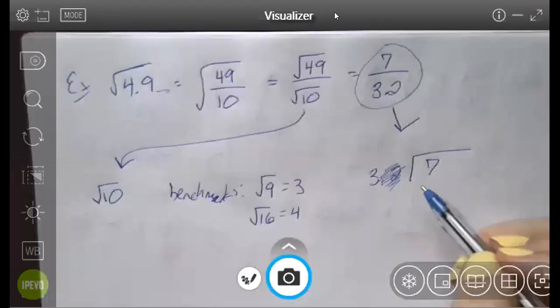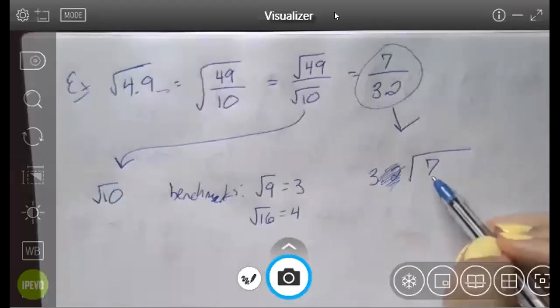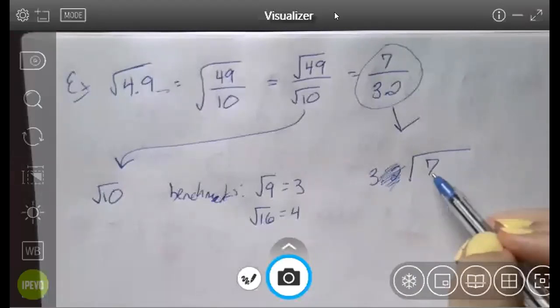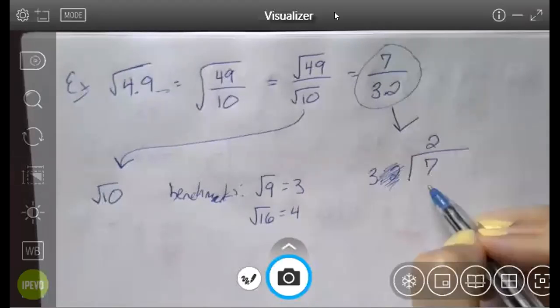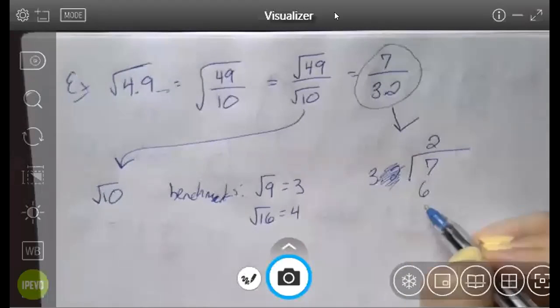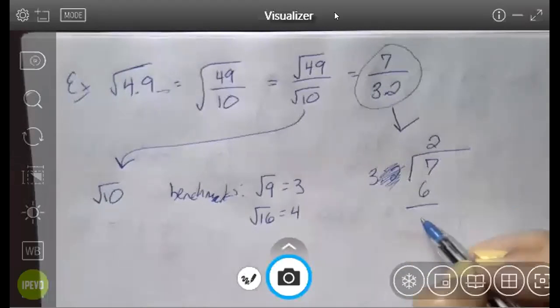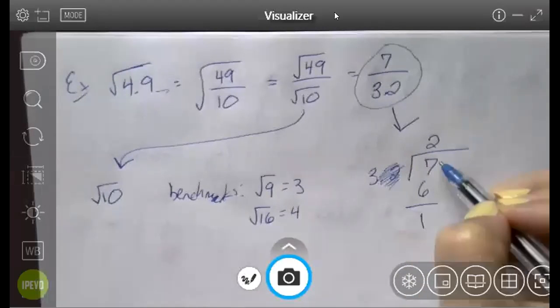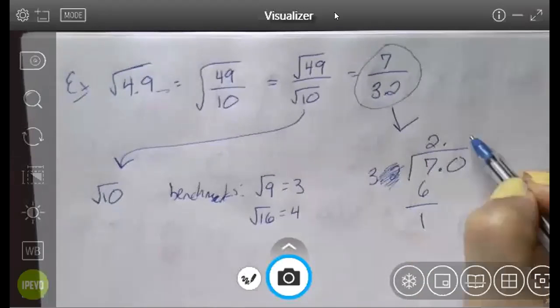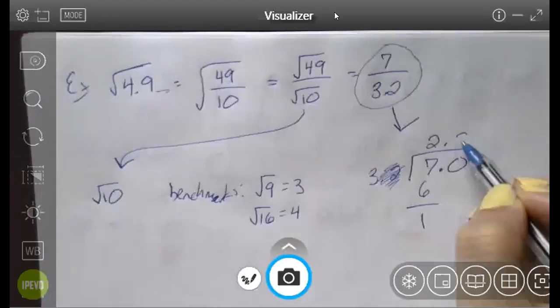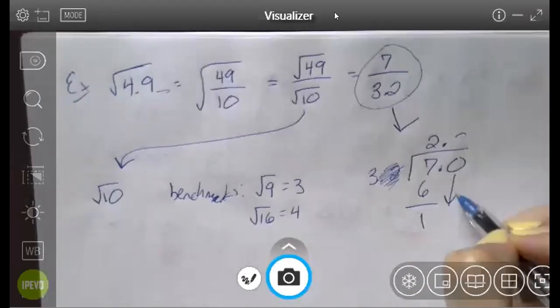So 3 goes into 7 twice. That gives us 6. 3 times 2 is 6. If we subtract them, we have 1 left over. Put in our decimal, put in our 0, drop it down.